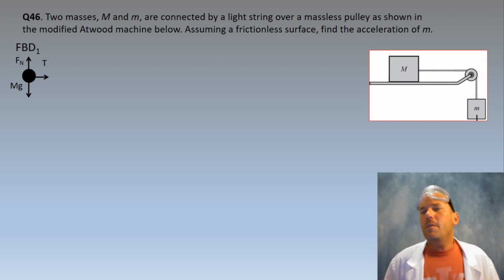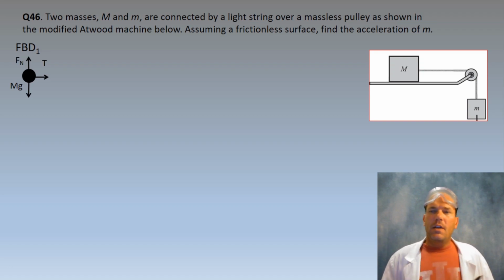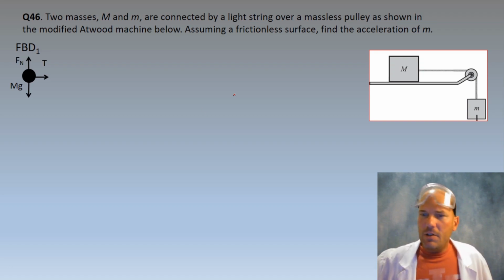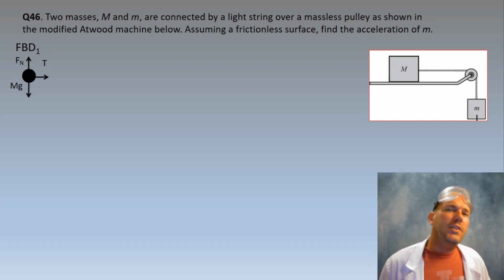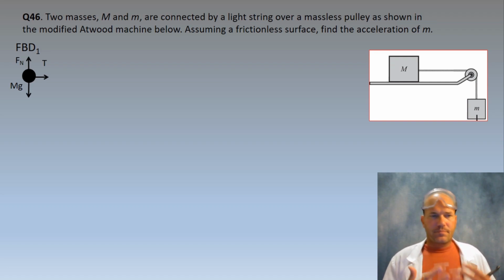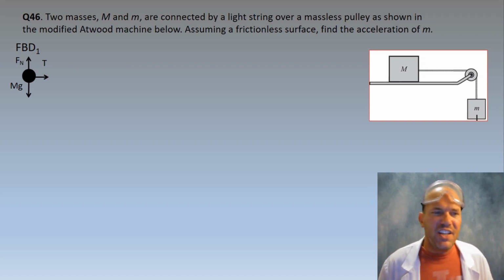So let's look at our free body diagram for the larger object. Summing the forces there, we have forces acting perpendicular to the surface, and then we also have our force acting in the x direction to the right, the force of tension.